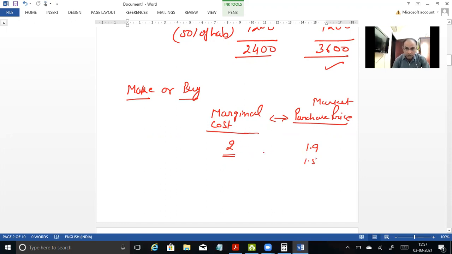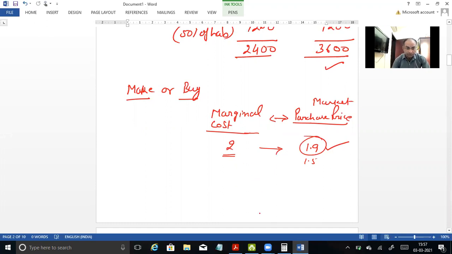So if you are producing, you have to pay 2 rupees as your marginal cost. But if you buy from outside, it is 1.5. So in this case, it is always beneficial to go for the outside purchase. In that case, we will buy it from the outside market. Fine.